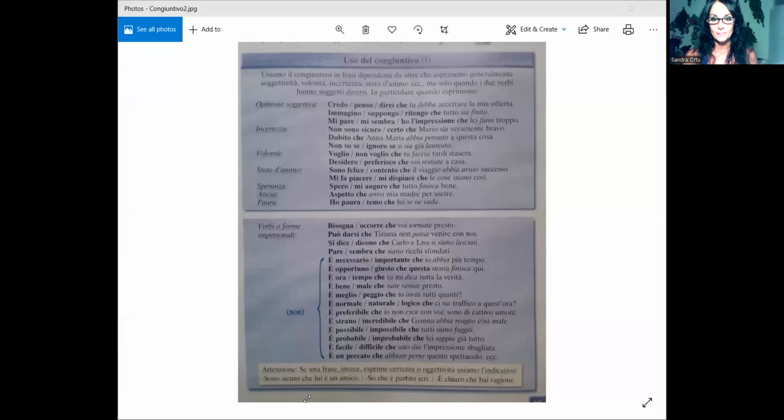So there's a list, quite a few lists actually, of different groups of expressions which are followed by congiuntivo. Let's see some of them and see how we can group them and start maybe memorizing a few of them. So let me share the second table, which I believe is this one. Yes, it is.